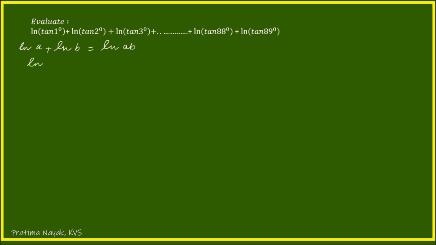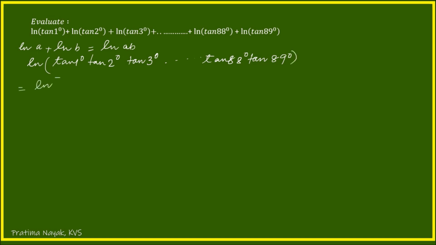So ln of tan 1 degree, tan 2 degree, tan 3 degree, up to tan 88 degree and tan 89 degree.